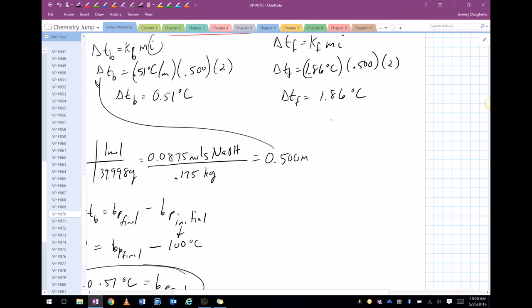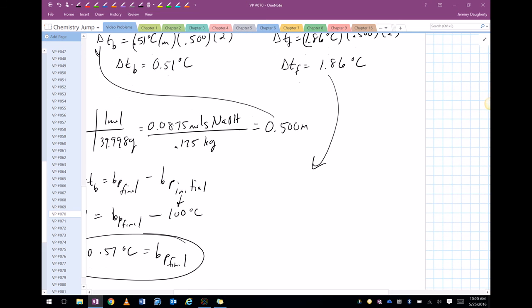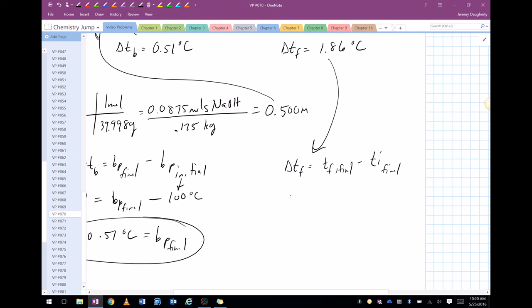So again, I can use this to calculate the new freezing point. So what I got: 1.86 is equal to temperature final, which is what I'm looking for, minus 0 degrees Celsius.